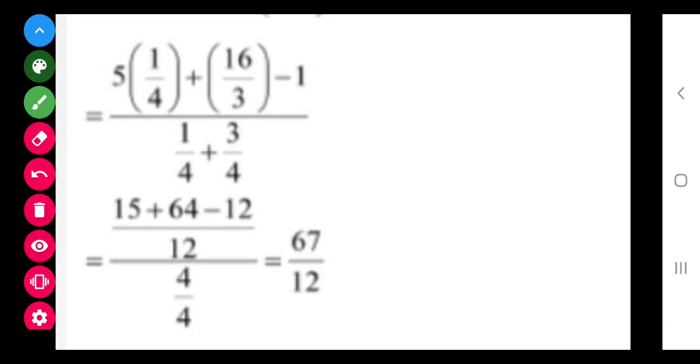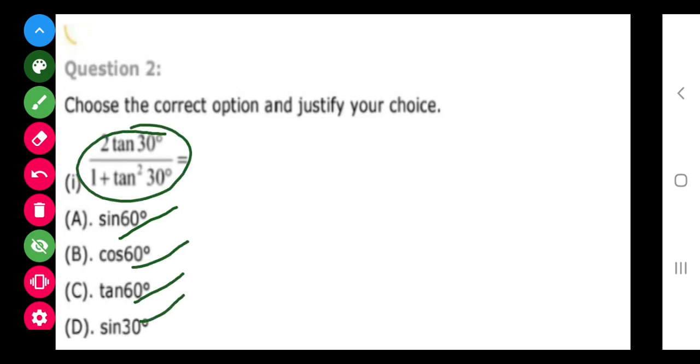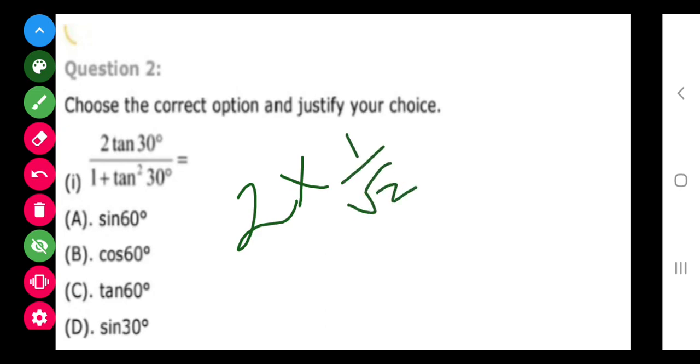Now let's move to the second question. In the second question, it is the optional type. We have to check which is the most suitable value out of these results. So we have to solve it. Again we have to substitute the value. The value of tan 30 is 1 upon root 3.